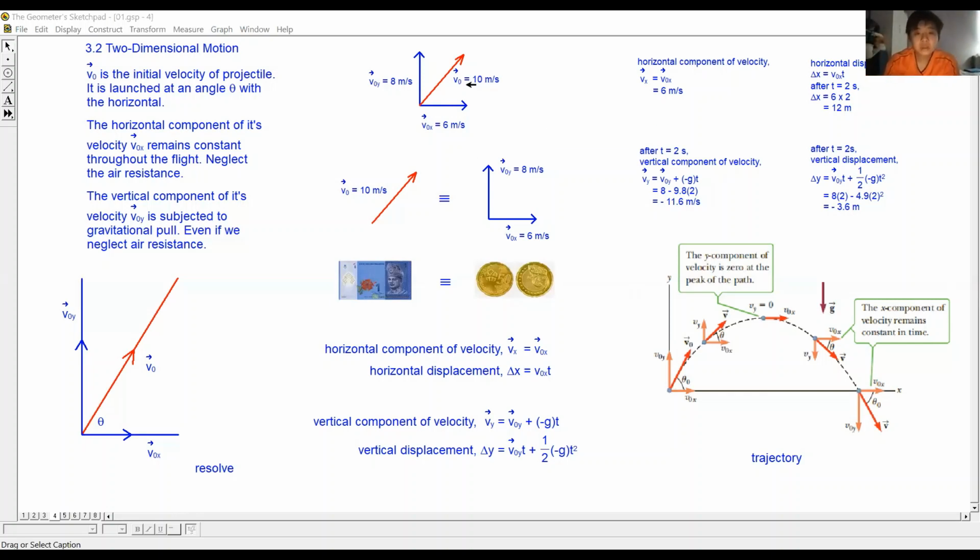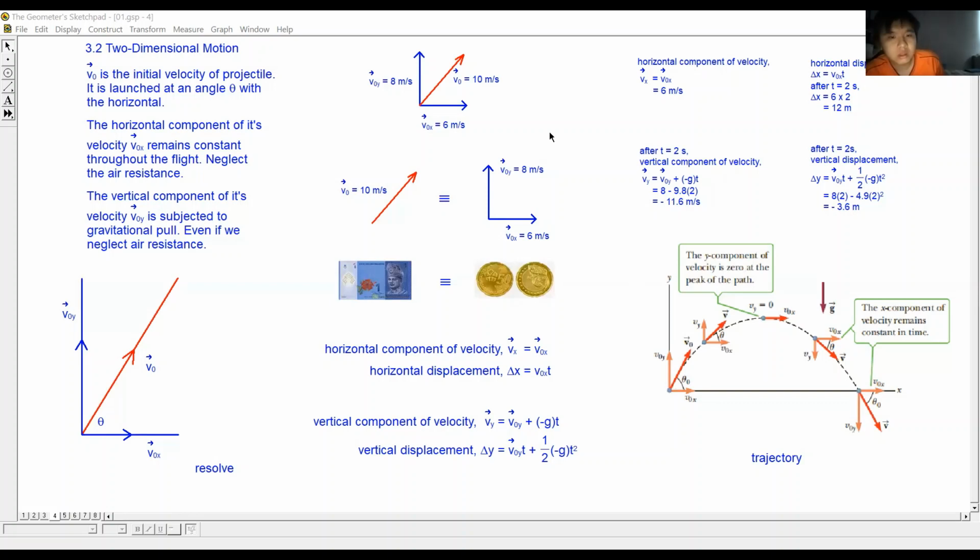Now, when the object travels in this direction, it actually has two components. One horizontal component of 6 meter per second and a vertical component of 8 meter per second.